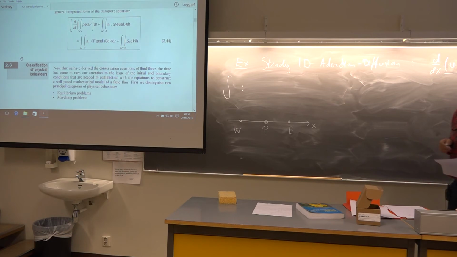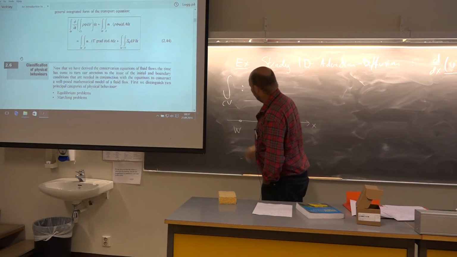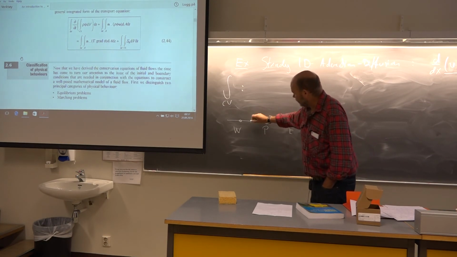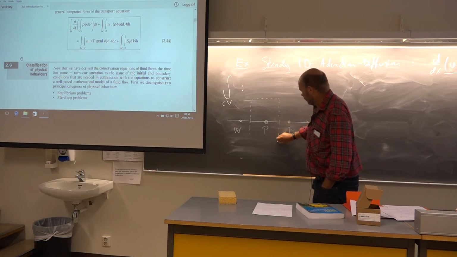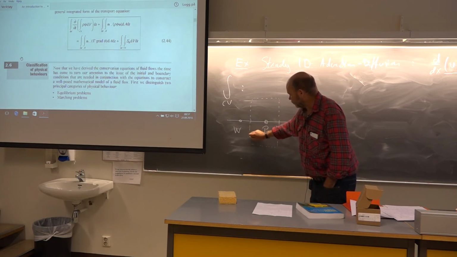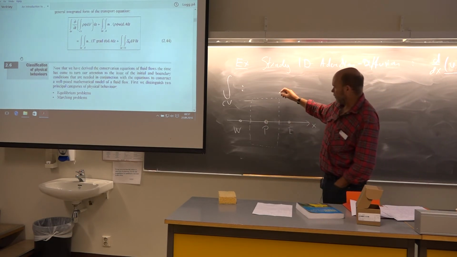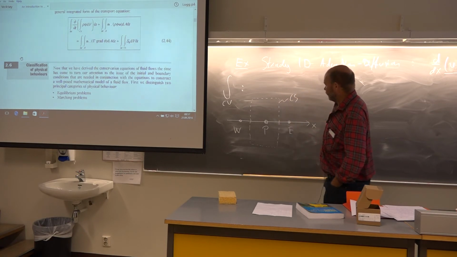Then I construct my volume, a small little control volume, and here I choose the midpoints. So this is my control volume around my focus point P. So this is now my control surface.